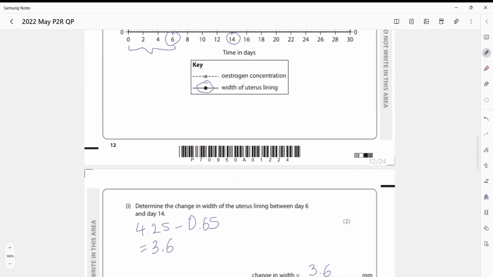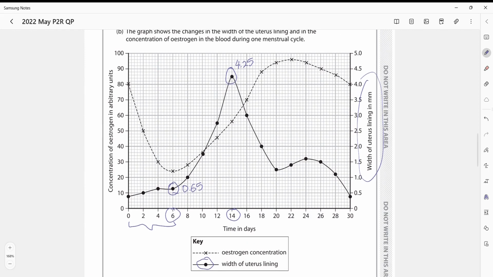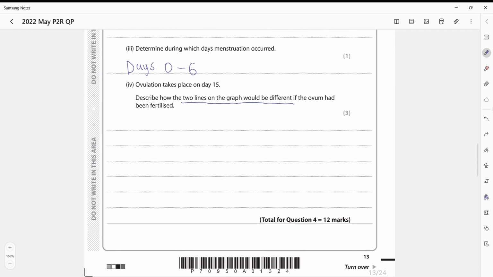So that means that the line for the width of the uterus lining would remain high, so probably remain somewhere here. And then your estrogen concentration would also be high, or level off, because estrogen is important for, number one, ensuring the growth of the uterus lining, but also number two, to prevent more ovulation from occurring. So that would also level off, but at a lower level. So let's write that down here.